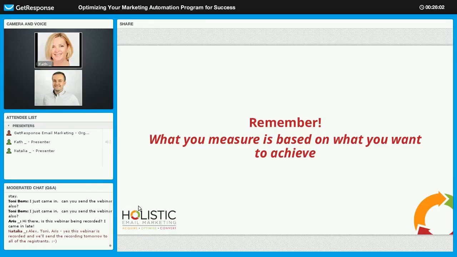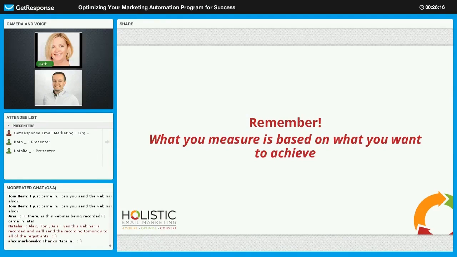So if our objective is sales, then when we're testing we want to be measuring our success of that test based upon sales. If we're being rewarded upon open rates, and that's all we're being rewarded on, then we will test based upon open rates, and that will be our success metric.